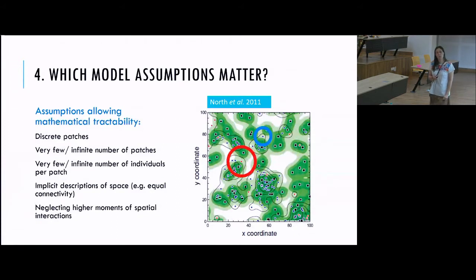I just wanted to point you to an analytical approach that was developed relatively recently that is still mathematical, but relaxes a lot of this. The space is continuous, with variation in habitat quality that is also continuous, with some kernel describing how patches are formed in the landscape, and spatial autocorrelation of habitat qualities through space.